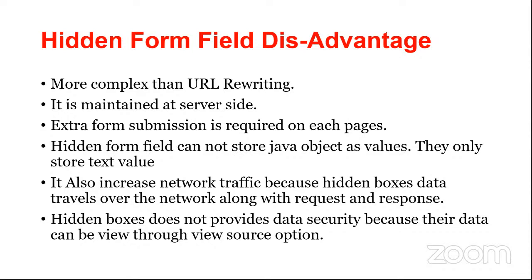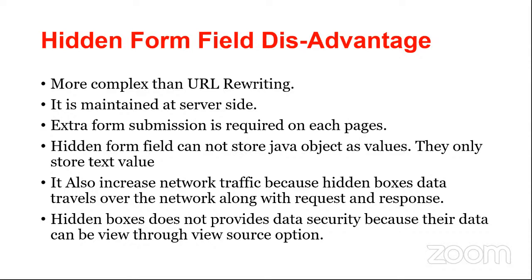Extra form submission is needed for each page. One more form is needed rather than the home page, because it's a kind of hiding, so it needs extra submission. These hidden form fields cannot be stored in Java objects as values.